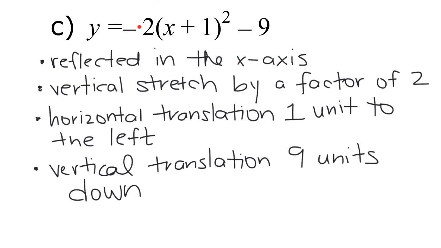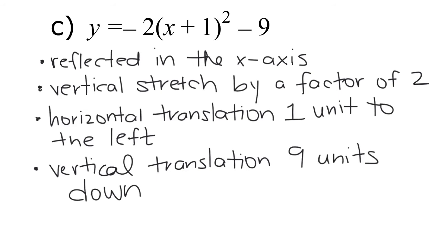The next thing I see is my a value, and I have an a value of 2. Since 2 is a number that is greater than 1, that tells me that my parabola is being vertically stretched. So I've listed that as a vertical stretch by a factor of 2. The next value is our h value. Our h value shows up in our equation as a positive 1, but that really means that our parabola is being shifted to the left.